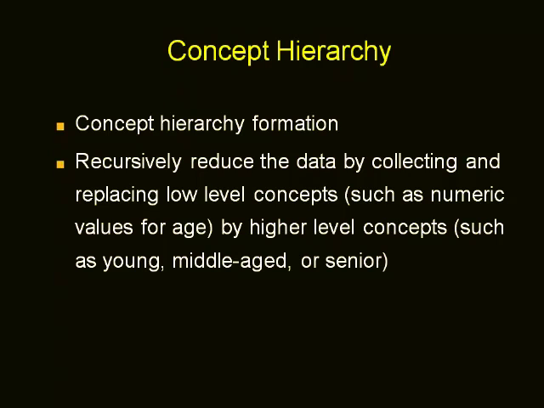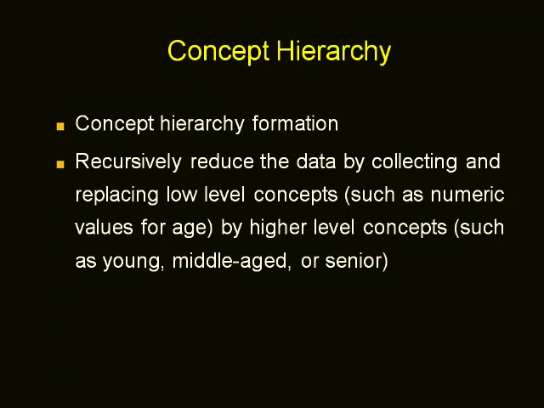Now the question is, can we generate concept hierarchy manually? The answer is yes, it is possible, but it requires a lot of time and is a tedious process. You know why it is difficult? Ranges for each attribute may be very wide and we update the database very frequently.